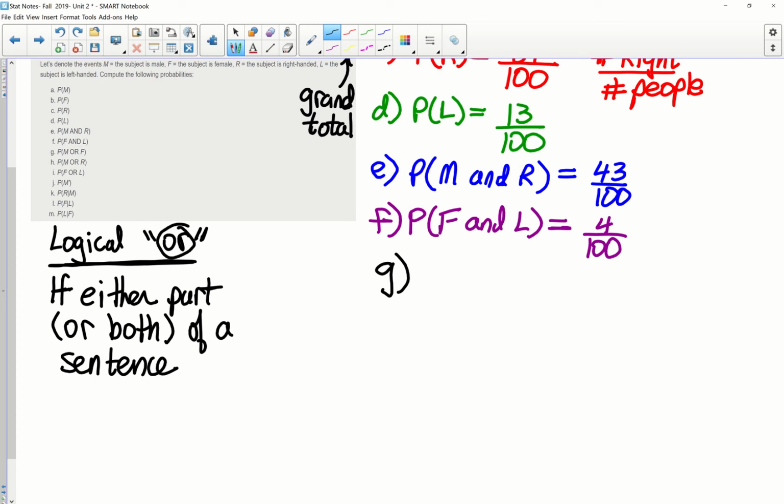It has to have the word "or" in it. Then the sentence is true.